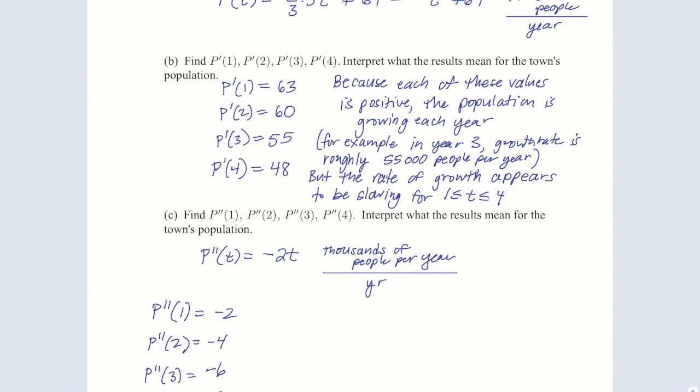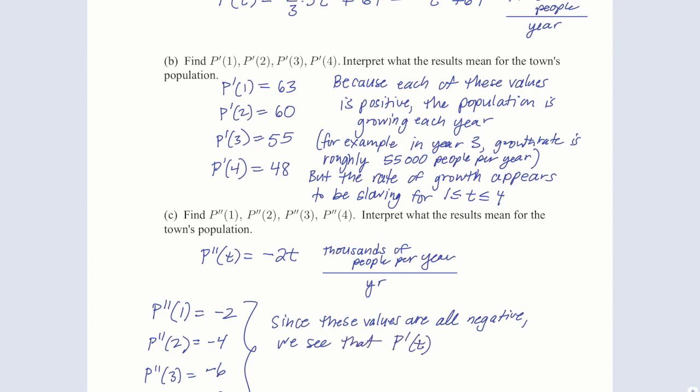Right? So we can see, since these values are all negative, we see that p prime of t, the rate of growth, is decreasing. So the population is growing, but at a slower pace each year.